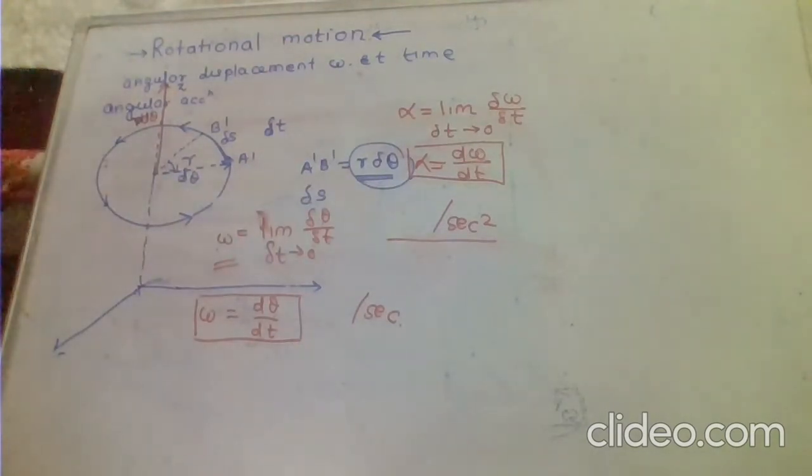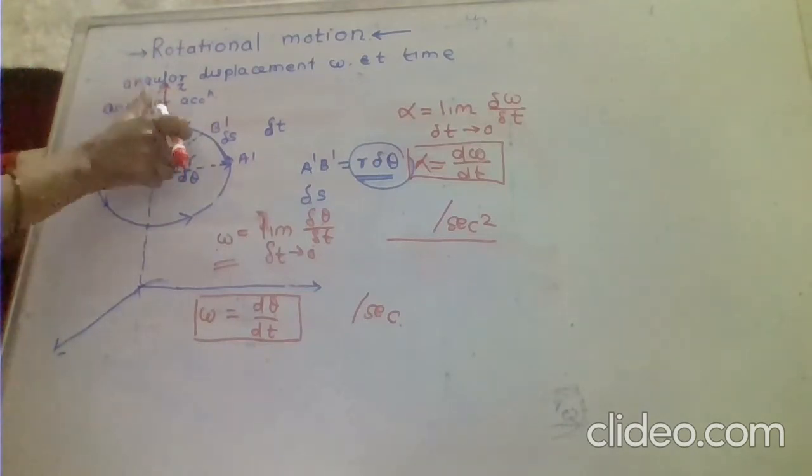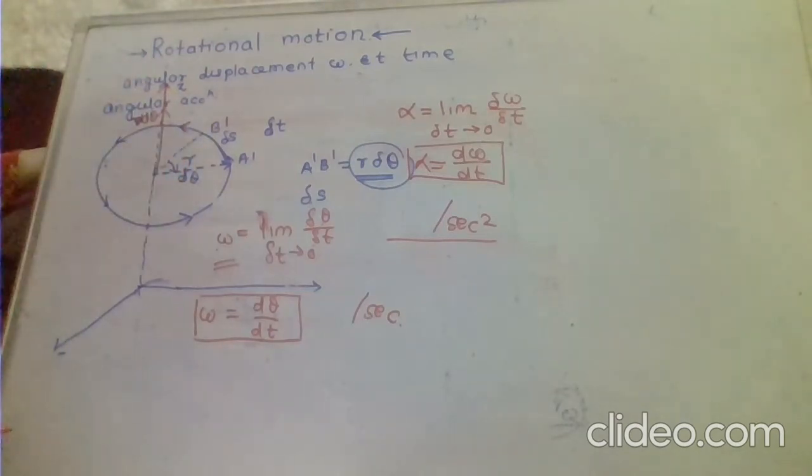All these are vector quantities, and the directions of angular velocity, angular displacement and angular acceleration are given by the right hand screw rule, the right hand thumb rule.